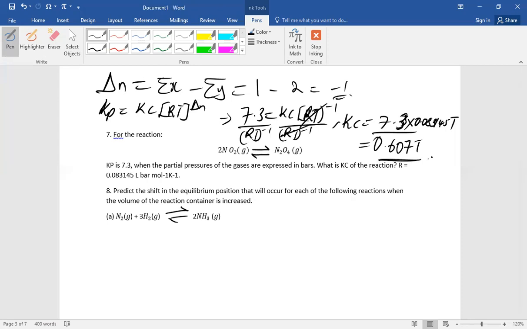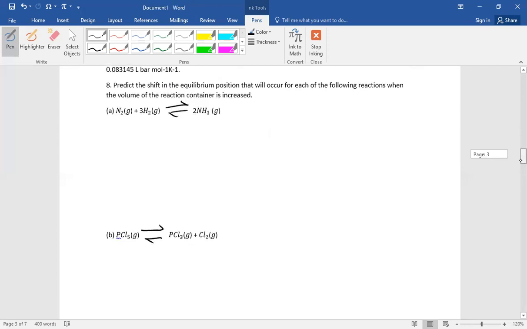Okay, so we go to question 8, which says predict the shift in the equilibrium position that will occur for each of the following reactions when the volume of the reaction container is increased. So what's going to happen here? What we have to look at are the stoichiometric coefficients.